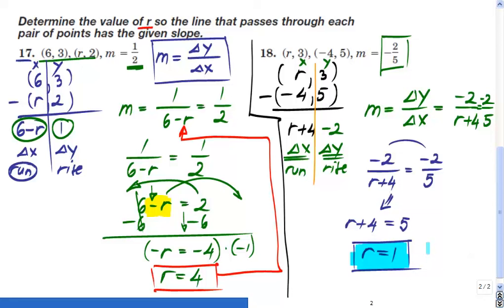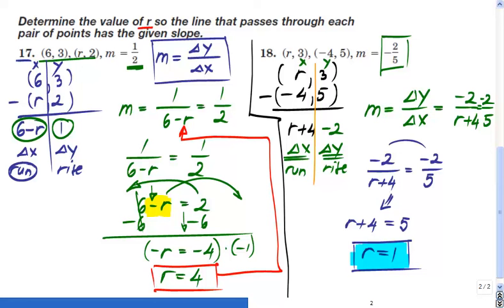For this value, r equals 1, those 2 points, the line that passes through those 2 points will have a slope of -2 over 5. And you guys should know and should remember from geometry that through 2 given points, there is a unique line. There is no other line, just one possible line that will pass through these 2 points.